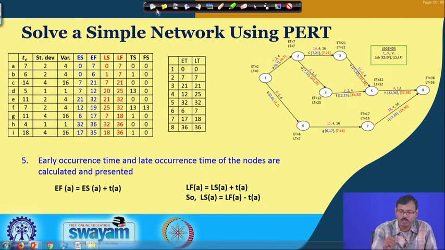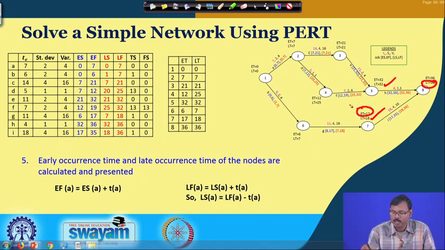Similarly, while considering the late occurrence time, we have taken the final time of 36. So 36 minus 4 gives 32, and 36 minus 18 gives 18, whereas the early occurrence time was 17. Considering this is 32, 32 minus 11 gives 21, as this is the only job.